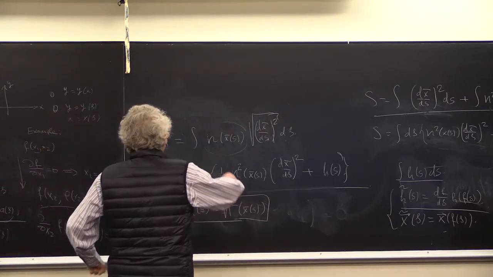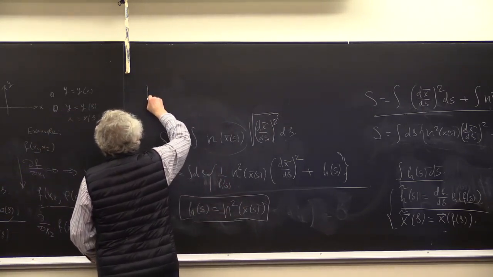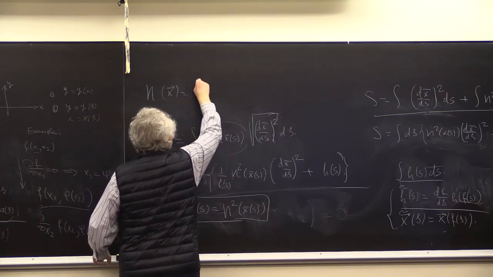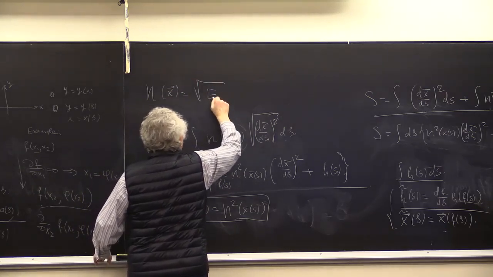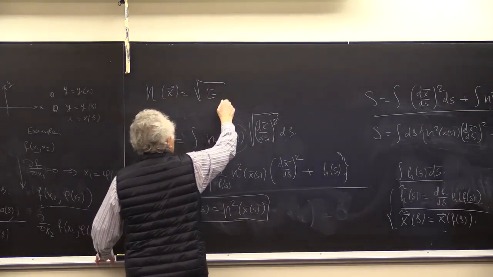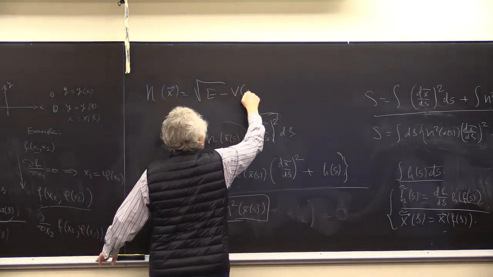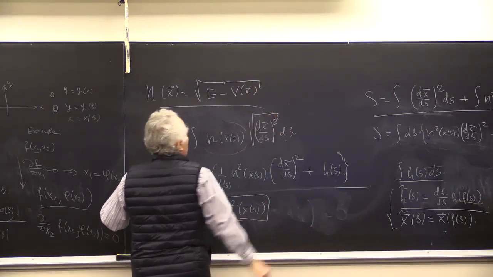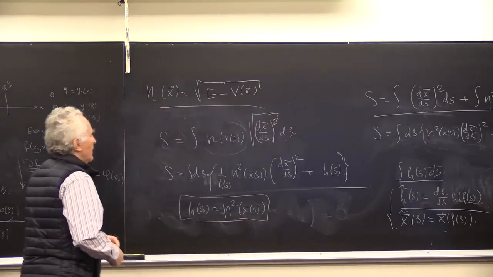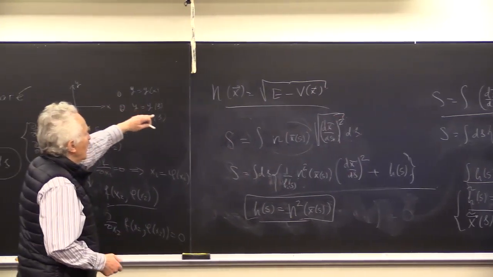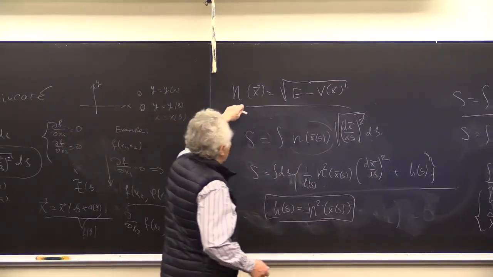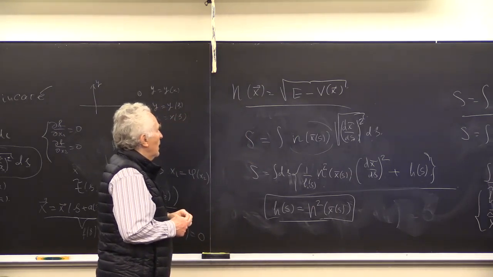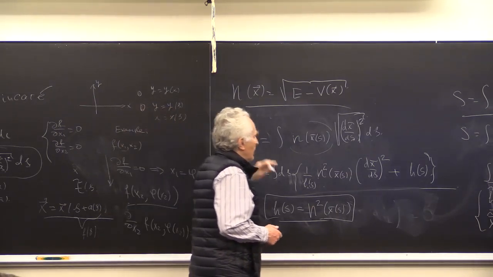Yeah, actually, the answer is that n is the square root of E minus V of x. E is an arbitrary constant, but it turns out to be energy eventually. So you have this expression.